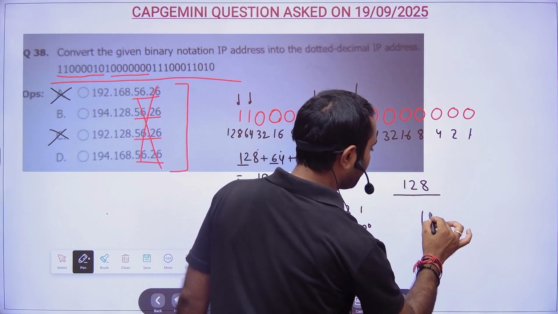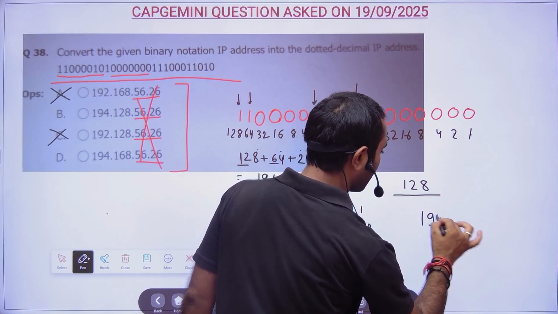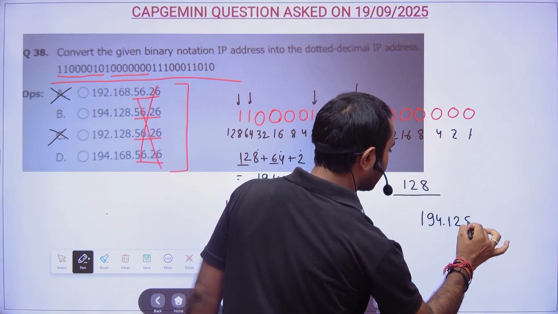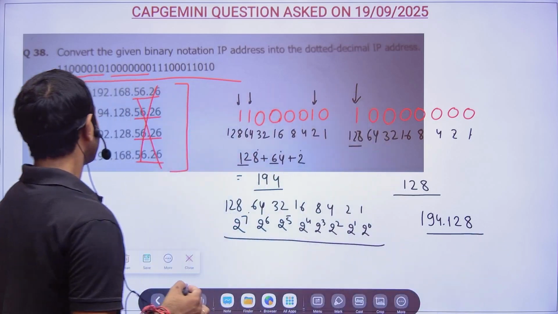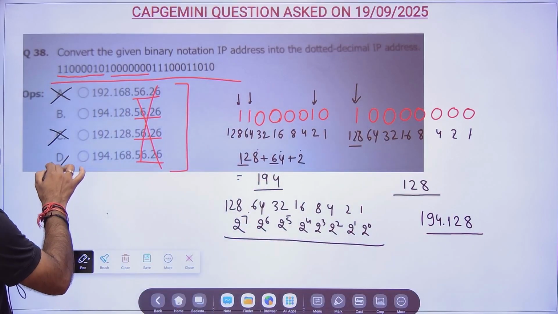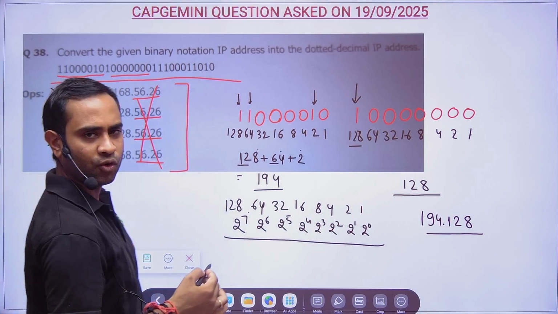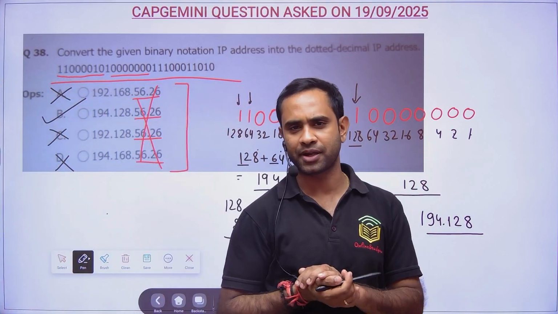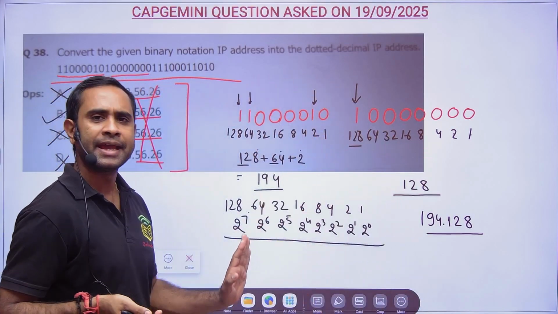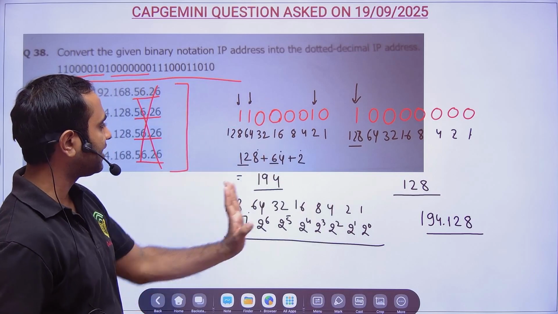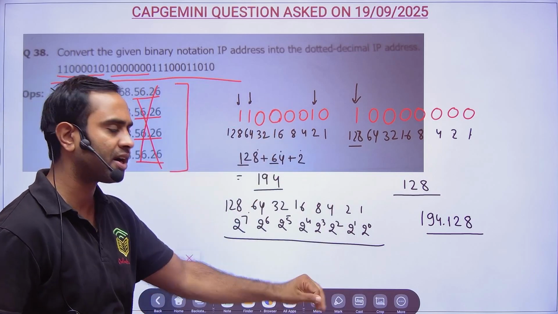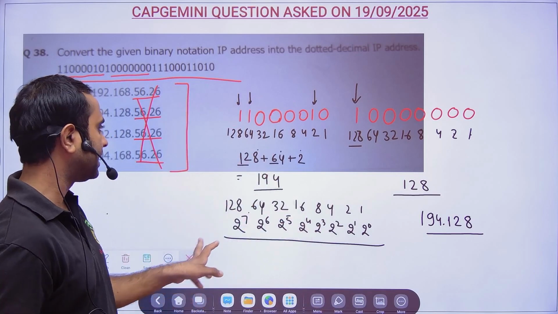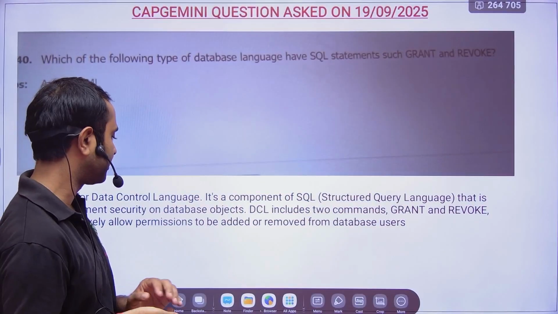So if you want to write in the dotted decimal, it will be 194.128. Now you will be easily able to tell that option B is the correct answer for this problem. This was not a tough problem. The only thing is you should know how to convert binary into decimal, and then you will easily be able to do it in the examination.